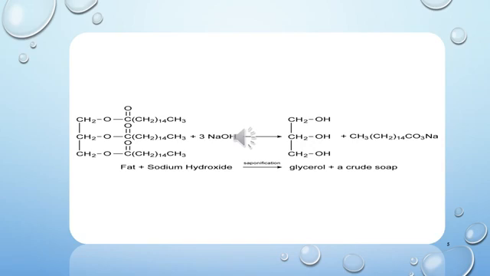Now in the reaction you can see that the fat, which is an ester, reacts with sodium hydroxide and produces glycerol, which is an alcohol, and next crude soap. So our definition is satisfied here.